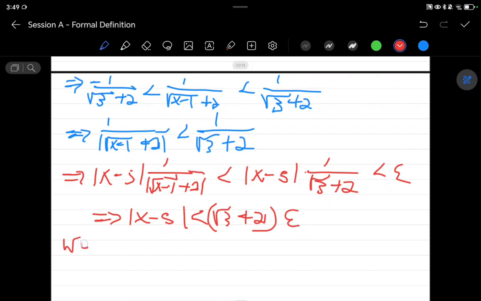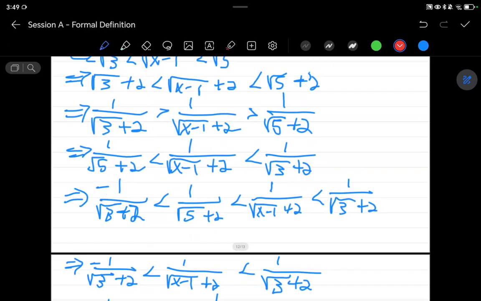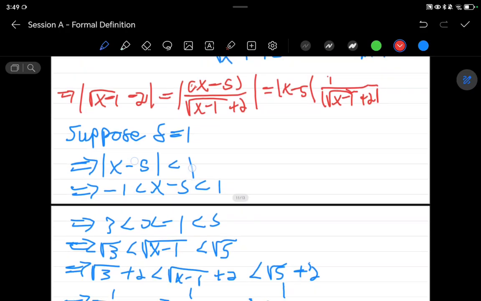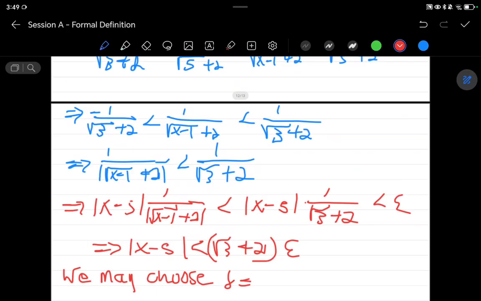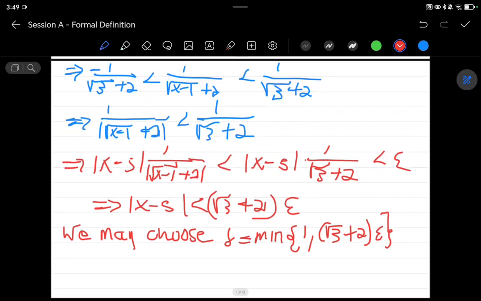Hence, we may choose delta to be equal to, since we have two deltas, the first one is this one, suppose delta is equal to 1. So we're going to use the minimum of 1 and root of 3 plus 2 times a. You see, right? Then that will be it.